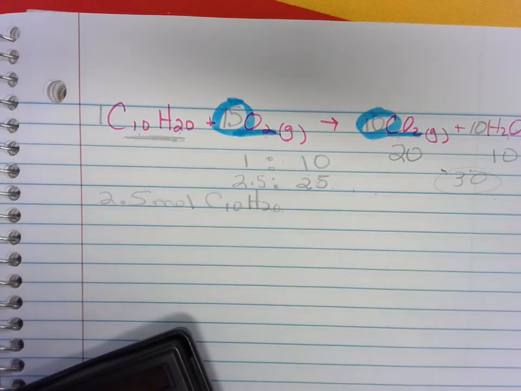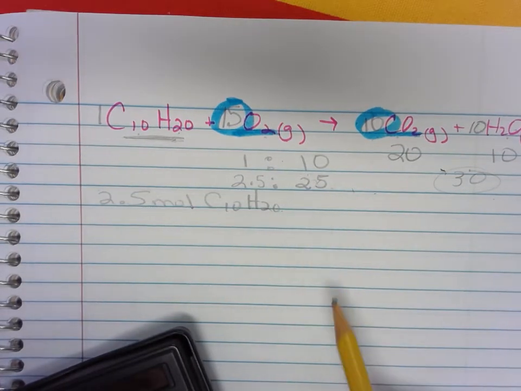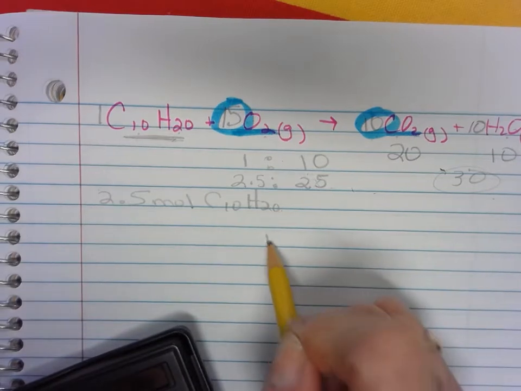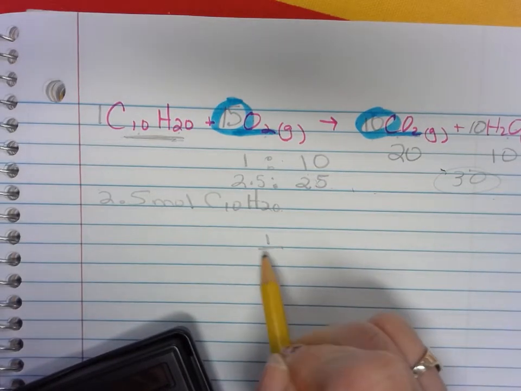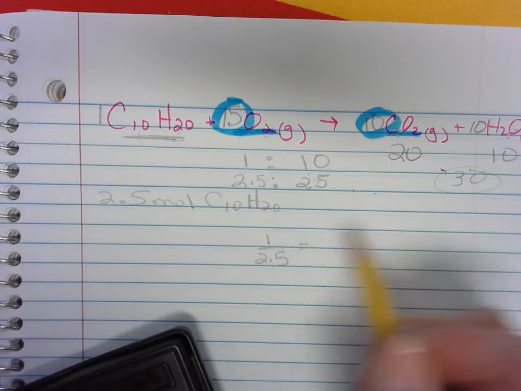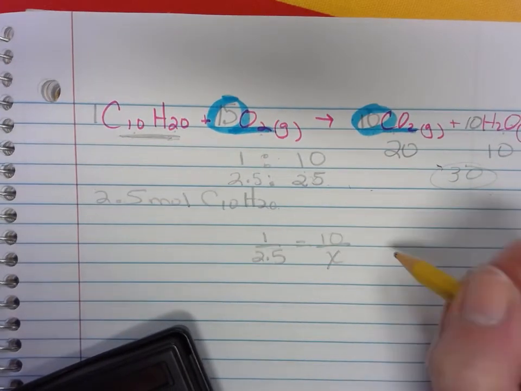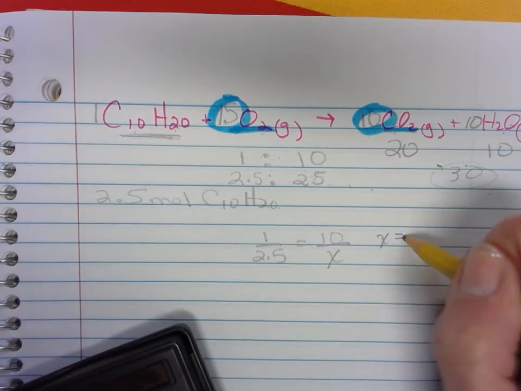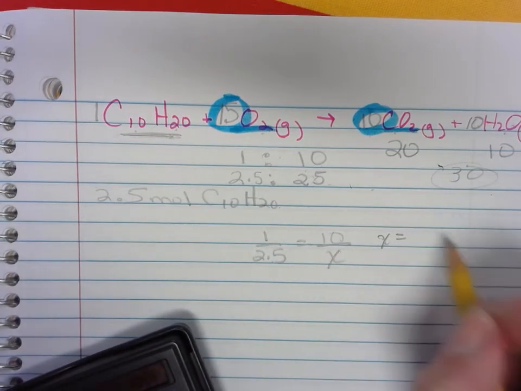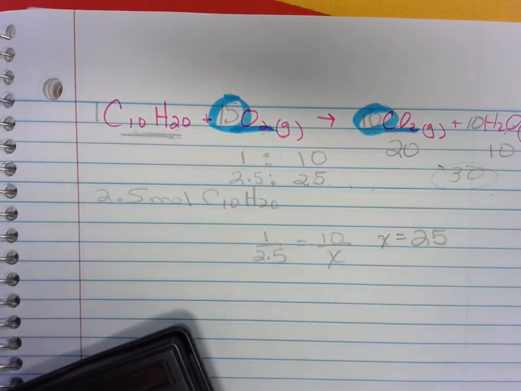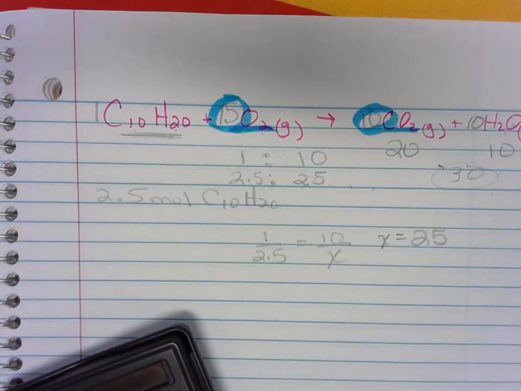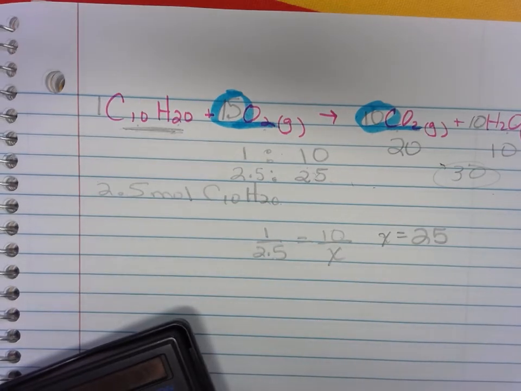In case you didn't quite see that, I just turned it into a ratio problem and solved for x. So x equals 10 times 2.5 or 25. This will not be on the test that you have tomorrow, but we will be doing this and a little bit more in the lab.